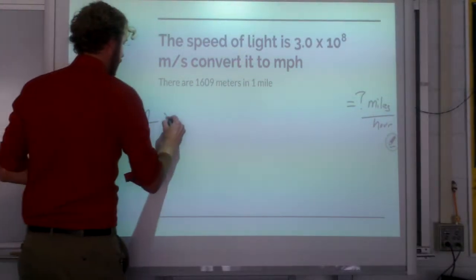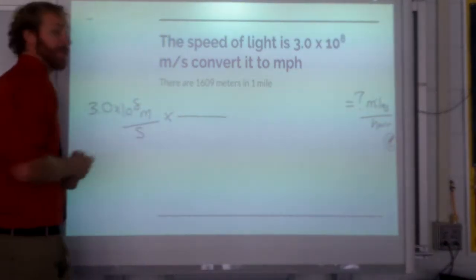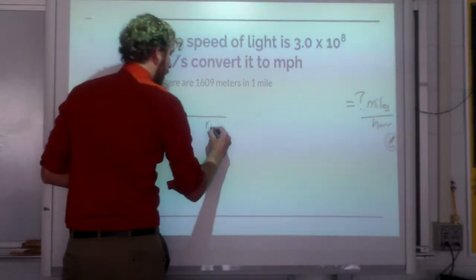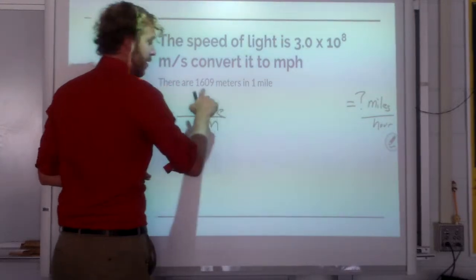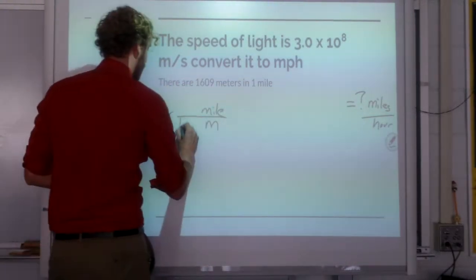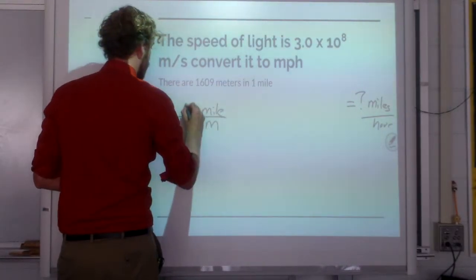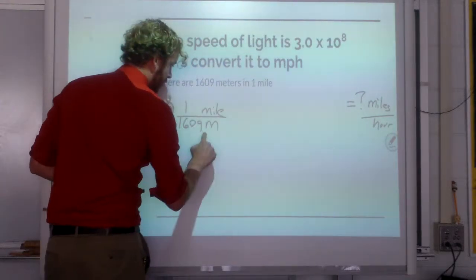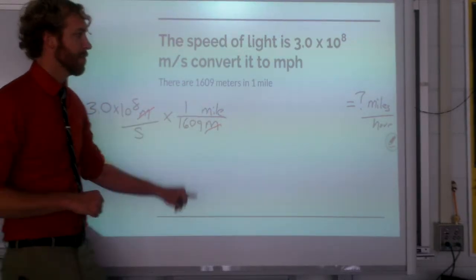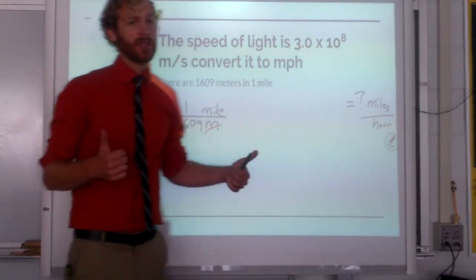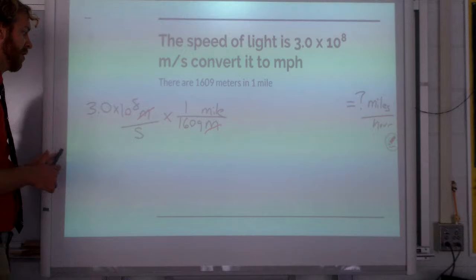We have times and a line. We've got to get rid of meters, so meters is going to go on the bottom. Miles is going to go on top. Here's our conversion factor: 1,609 meters is 1 mile. This crosses out our meters. We're left with miles on top, which is what we want over here, so we're done with our distance part of the formula.